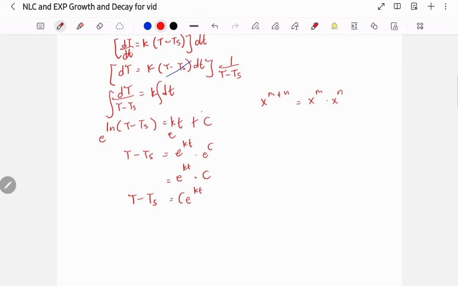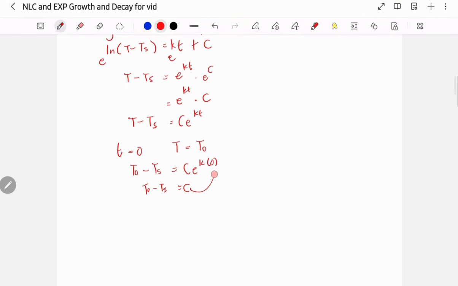But we have an arbitrary constant. So, we will apply that time equal to 0, and that is when the temperature of the object is equal to the initial temperature of the object. So, when the time is 0, T is equivalent to T sub o minus Ts equals C e to the k, then time is 0. 0 times k is 0. e to the 0 is 1. 1 times C is C. So, the equivalent of our arbitrary C is To minus Ts.